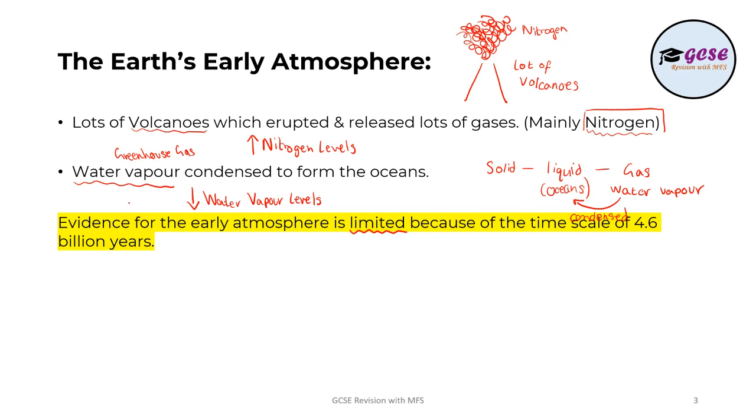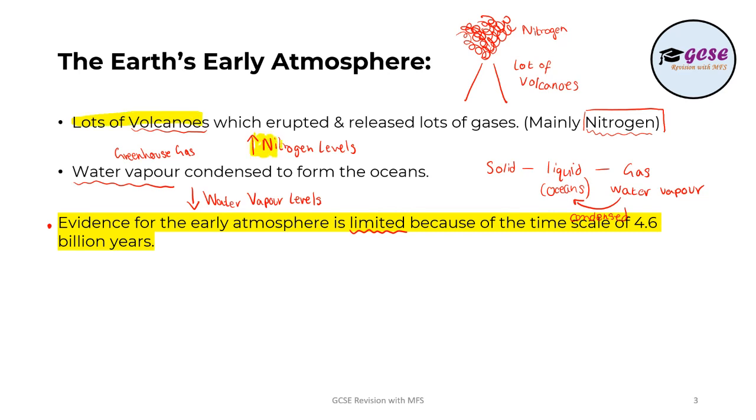Okay, this is a key point over here. It's a common exam question that you would come across. Okay, so to summarize while you guys take notes of this slide, nitrogen levels increased due to lots of volcanoes.